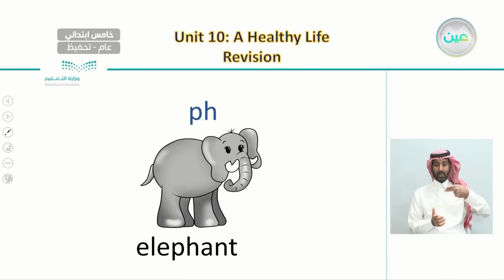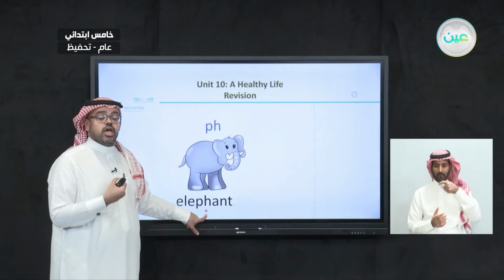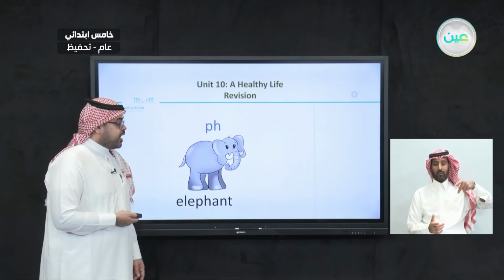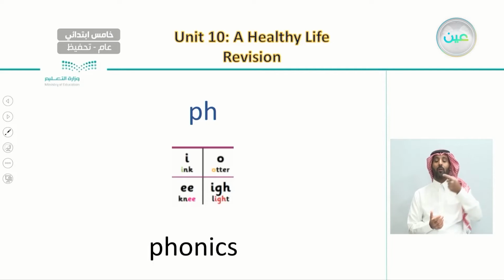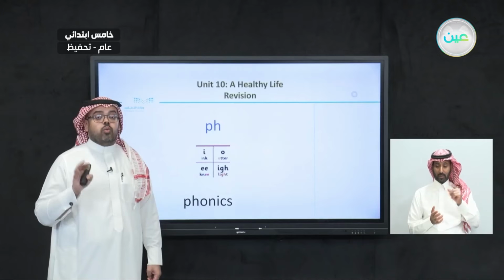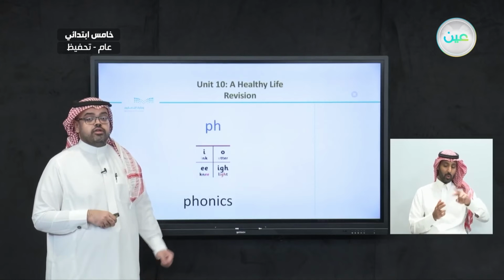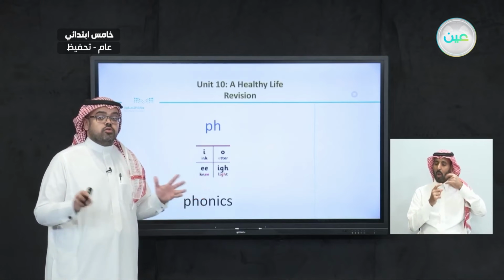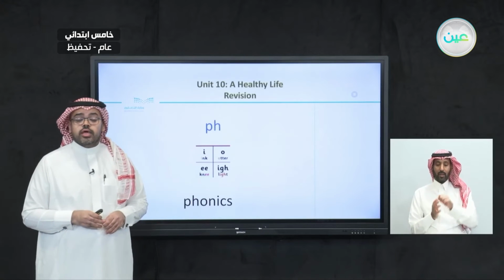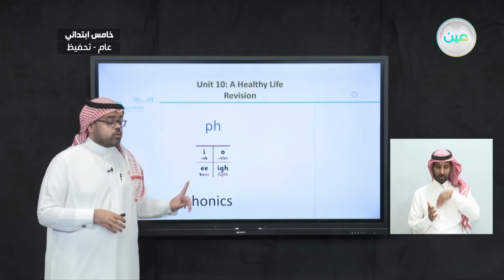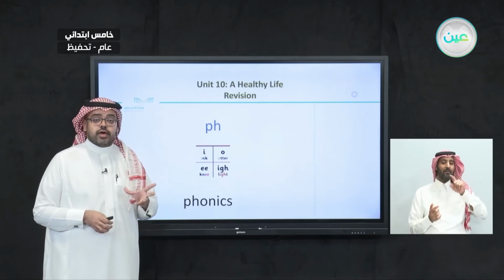Here elephant has P and H in the middle, with the F sound. And the next word, which is our lesson for today, is phonics. Say after me, phonics. Phonics starts with P and H. We said whether P and H start the word, as in photo, phone, phonics, or are in the middle, as in elephant, we always pronounce P and H with the F sound.